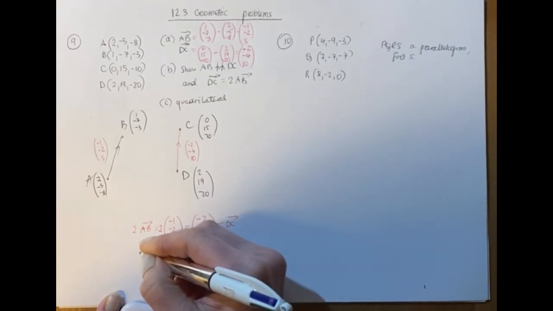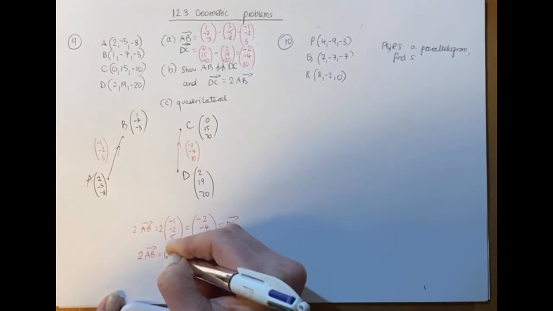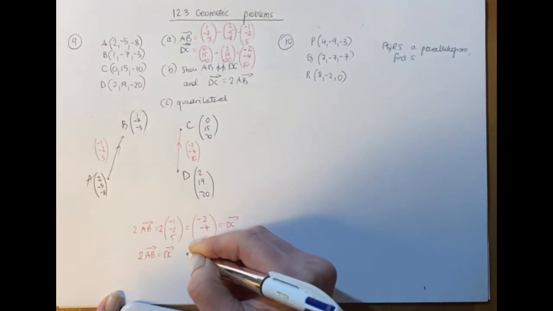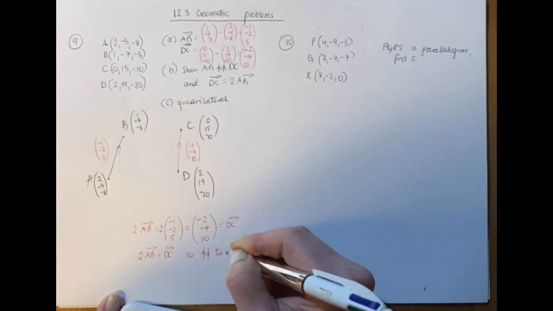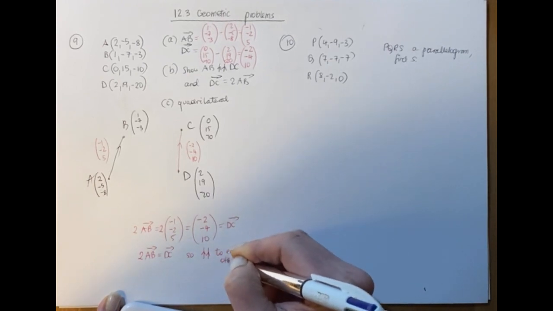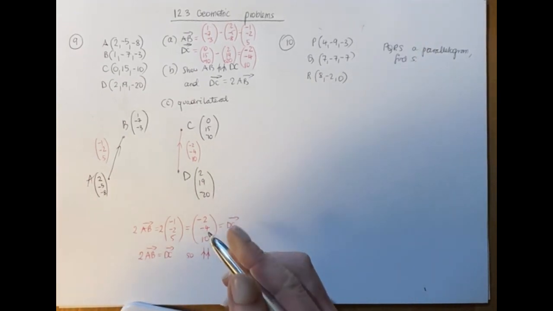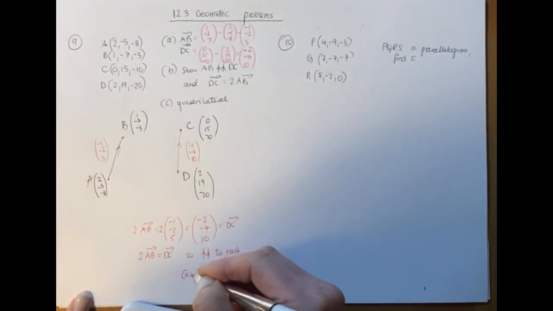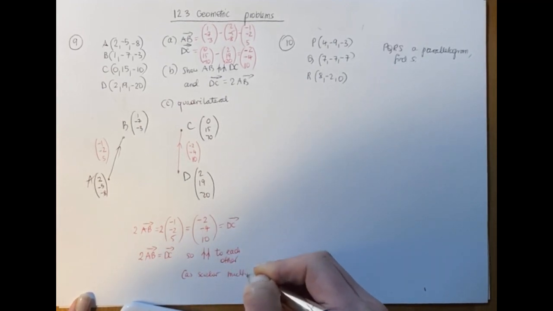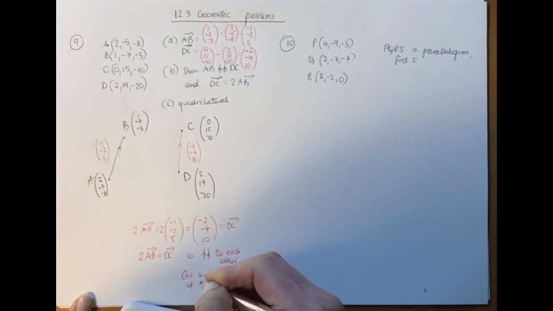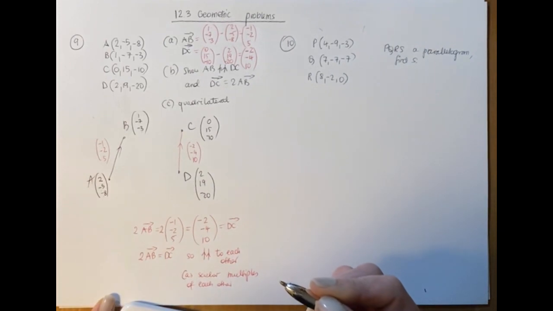So vector AB when multiplied by 2 is equal to DC. So they are parallel to each other. You could say vector AB and DC are scalar multiples of each other. Scalar means multiplied by a constant.